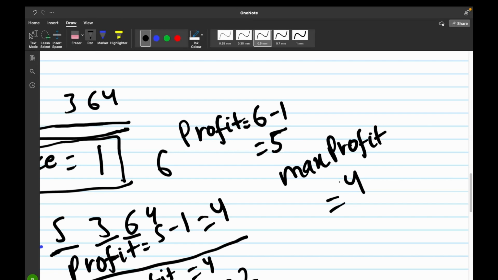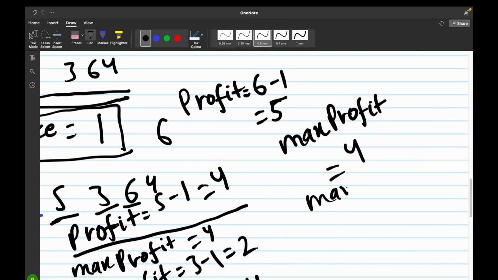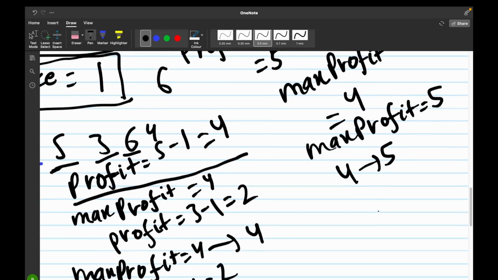Profit is greater than max profit, so we would update max profit to 5 from 4.